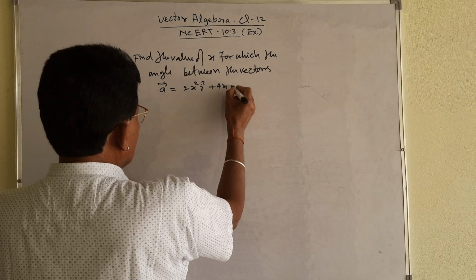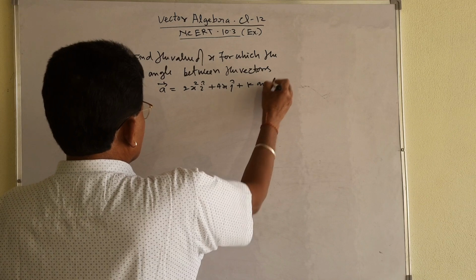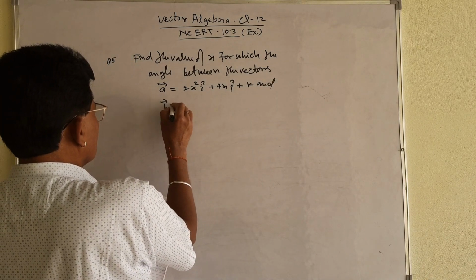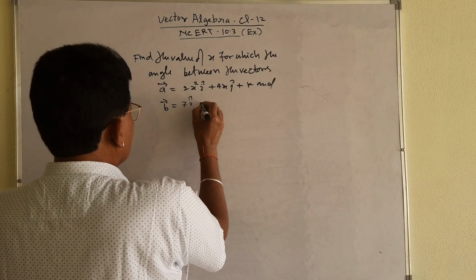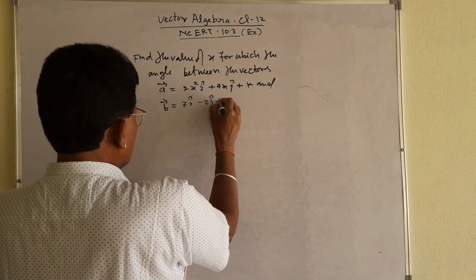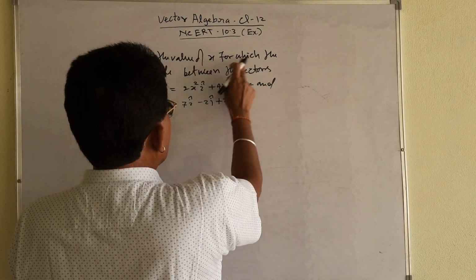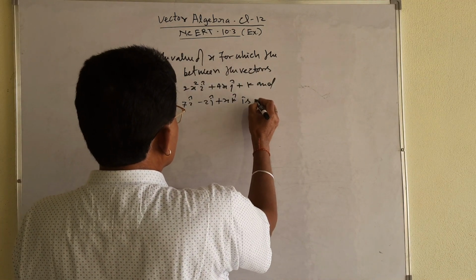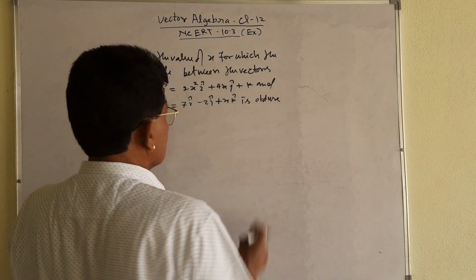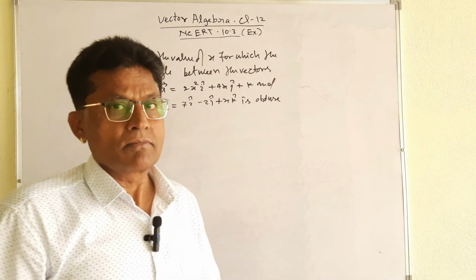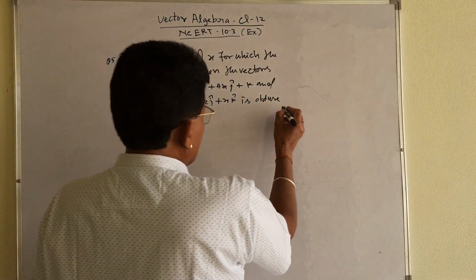Several times it was asked in different types of examinations. And the value of vector B also you see, that will be 7i minus 2j plus xk. Find the value of x for which the angle between these two vectors is an obtuse angle. Obtuse angle. Most important question. How may the angle be obtuse? Let me draw the figure.